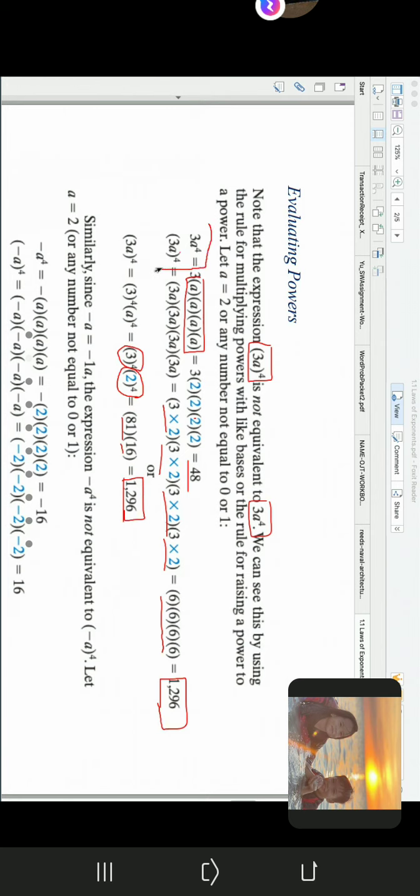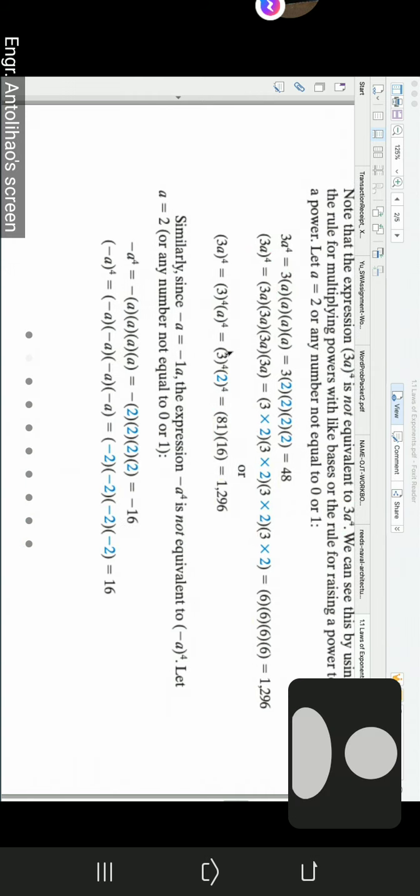These two are not equal. Next, here, similarly, since negative a is equal to negative 1a, the expression negative a to the power of 4 is not equivalent to quantity negative a to the power of 4. So that is the power of the quantity, or the parentheses. The answers of the two are different when you evaluate them.